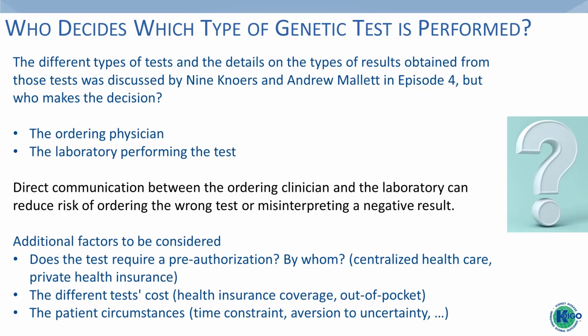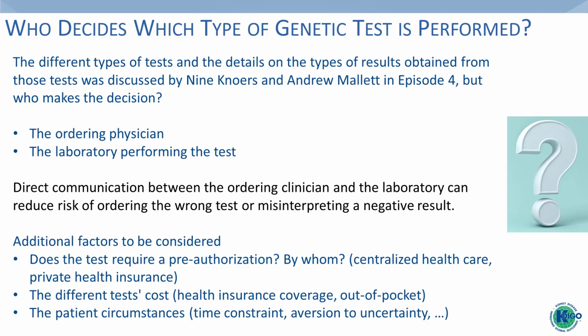Is that the ordering physician? In that case, the ordering physician should also be aware of the benefits and limitations of different kinds of lab tests, or is it the laboratory performing the test? For instance, if I'm informed correctly, a few years ago in France, when ordering a genetic test, you are always, in any country, very much, they like you very much to give a lot of phenotypic detail in your request.